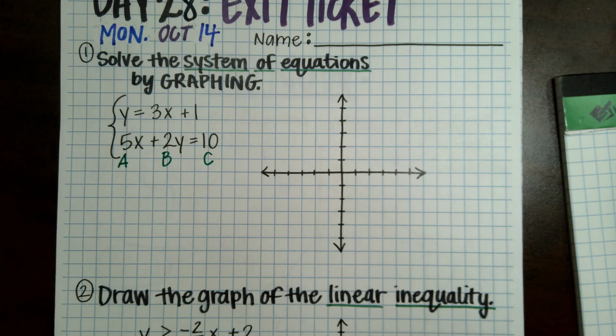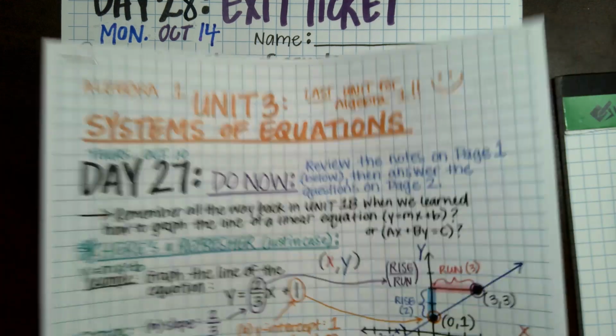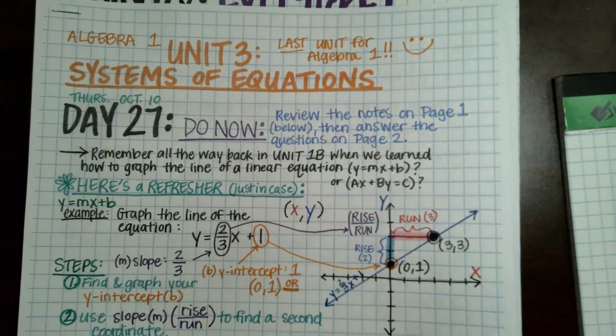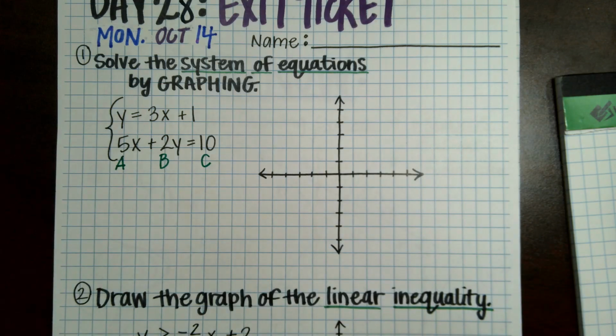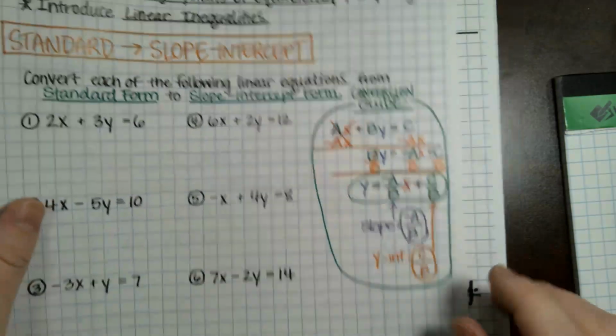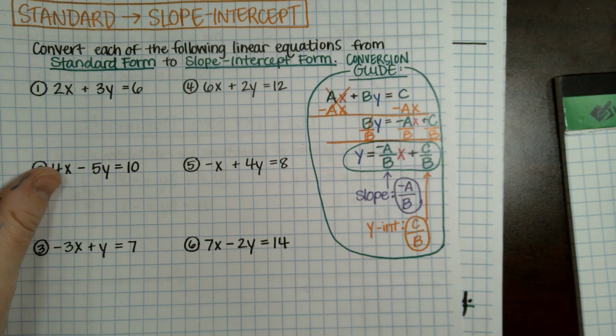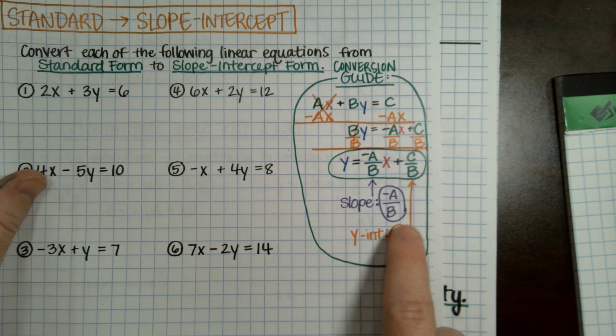Yeah, so let me go back to that for everybody. This is what I just gave to Joe. This is our notes from Thursday. Okay, so we did a lot of this conversion. Here's where we got slope is negative a over b and our y-intercept is c over b.